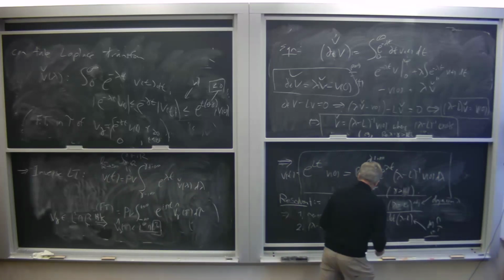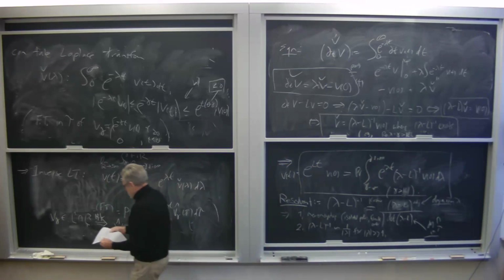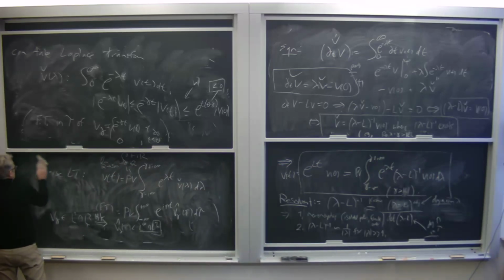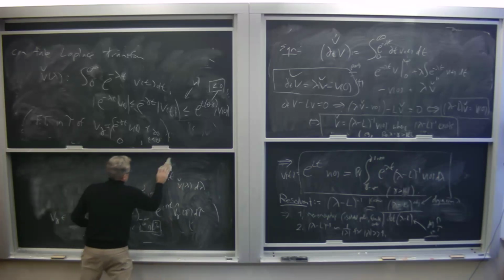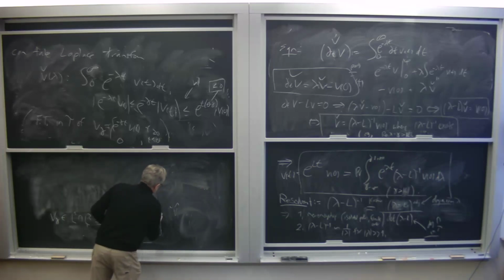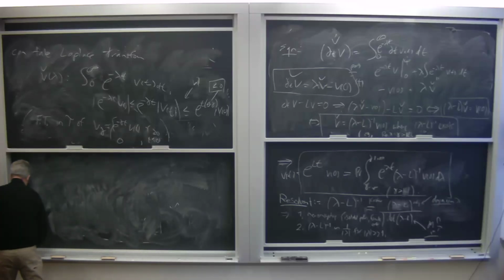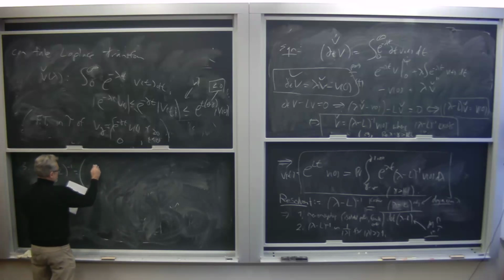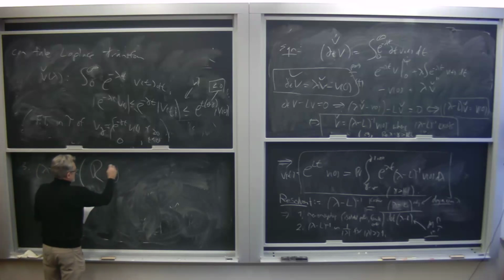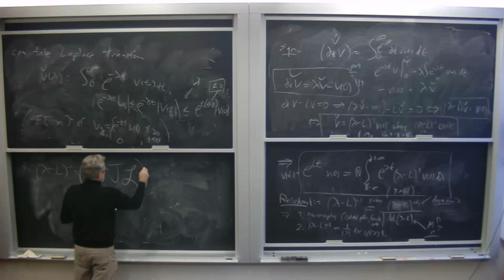Now let's write down what it looks like, because we can do that as well and get a couple more properties. But here, I'm going to use the linear algebraic fact again of Jordan form. So lambda minus L inverse is the inverse of R J lambda minus L R inverse.